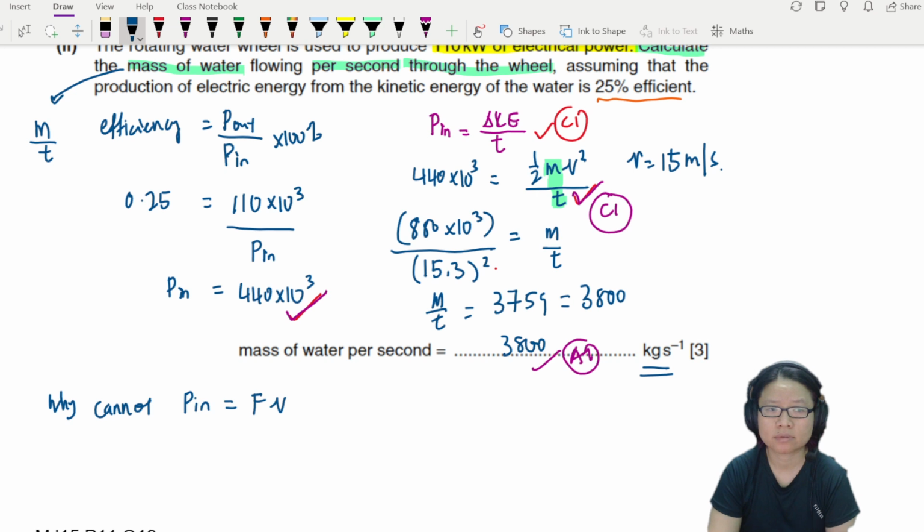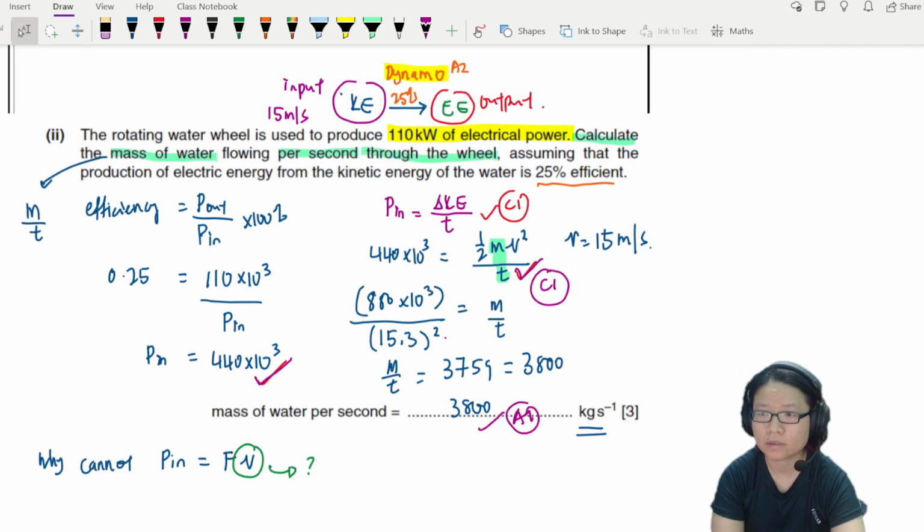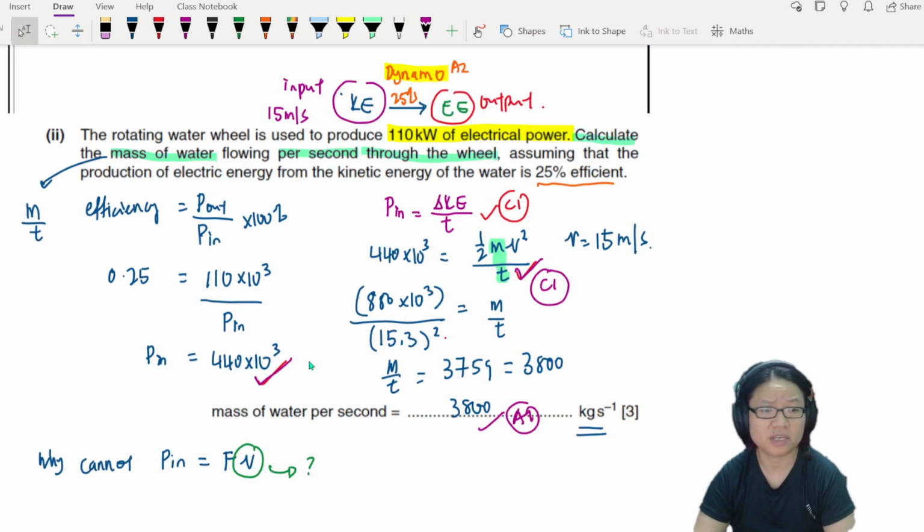Well, this V here should be the speed of the rotation, right? So in this case, this V, we don't know the speed of the turbine. Of course, you are going to ask me, but teacher, what about 15?